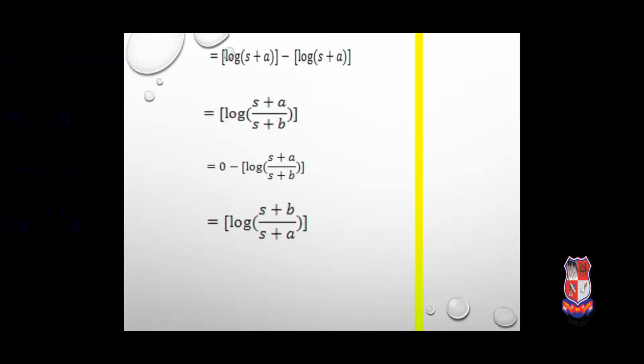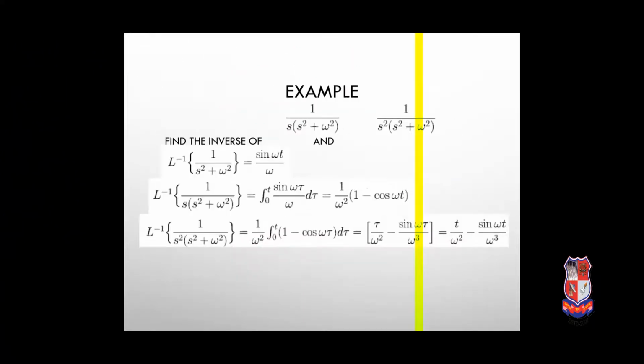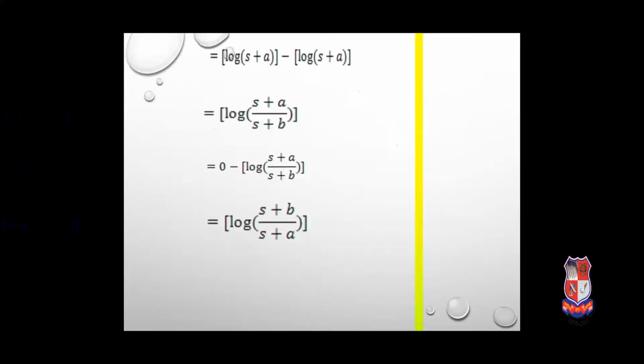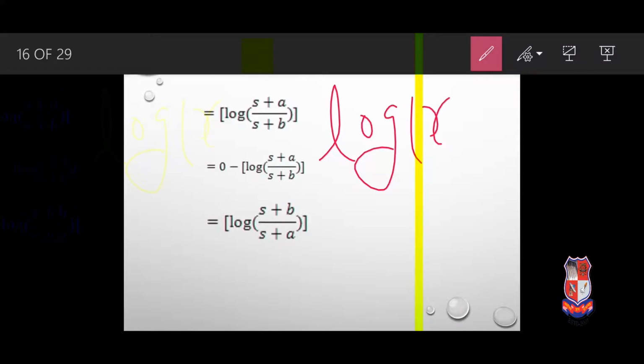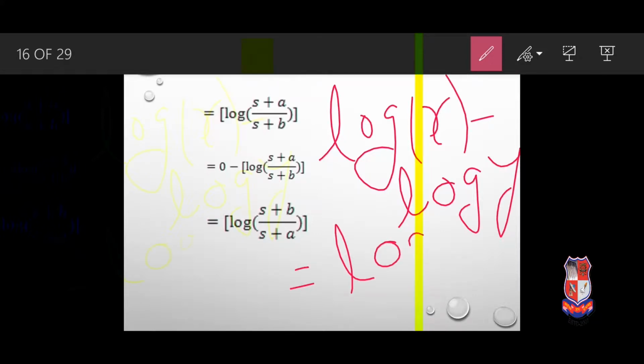Then the integration of 1 upon s plus a is equal to log of s plus a, and the integration of 1 upon s plus b is equal to log of s plus b. Then we have one log formula here, log x minus log y is equal to log of x upon y.